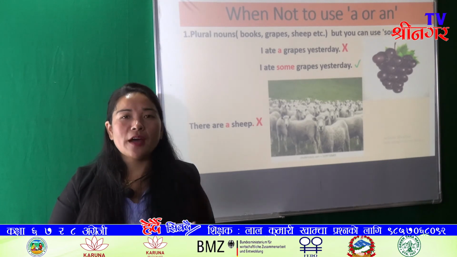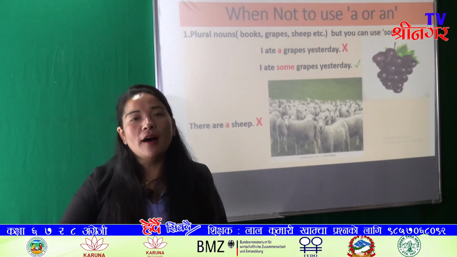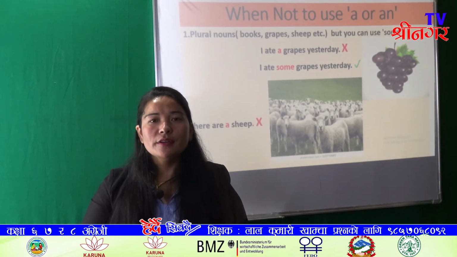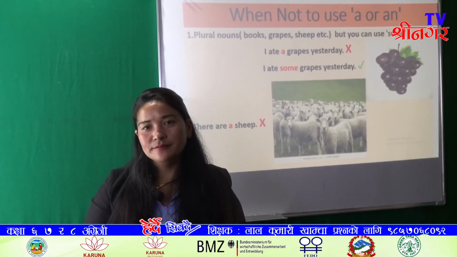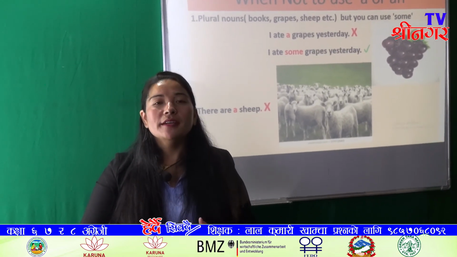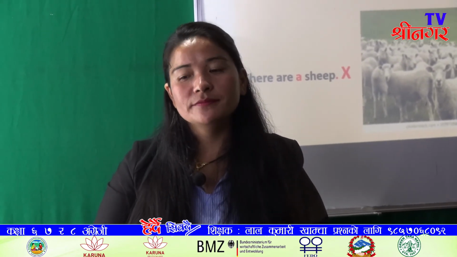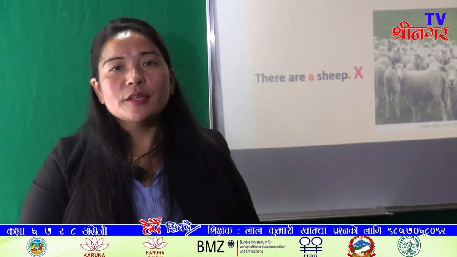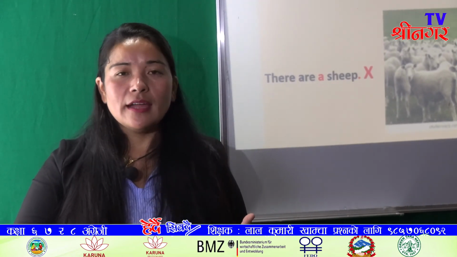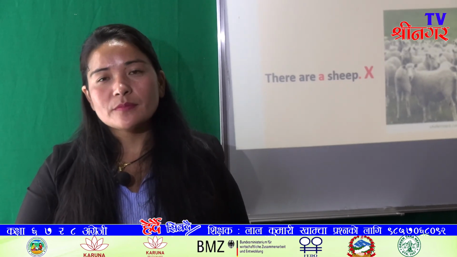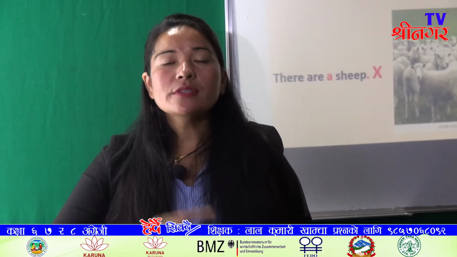When you pronounce, if there is a vowel sound, you have to use the article "an". But if there is a consonant sound, you have to use the article "a". And you know, articles "a" and "an" we have to use only with countable singular nouns, because "a" means one, "an" means one.